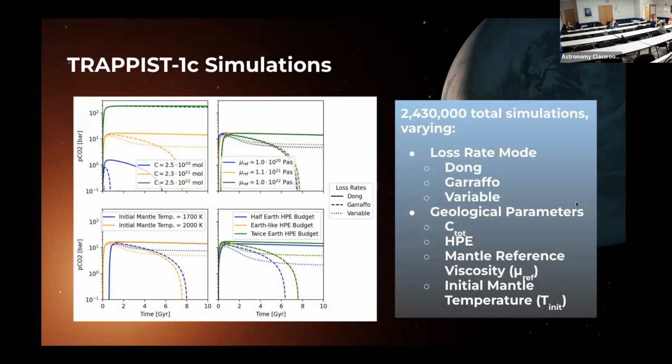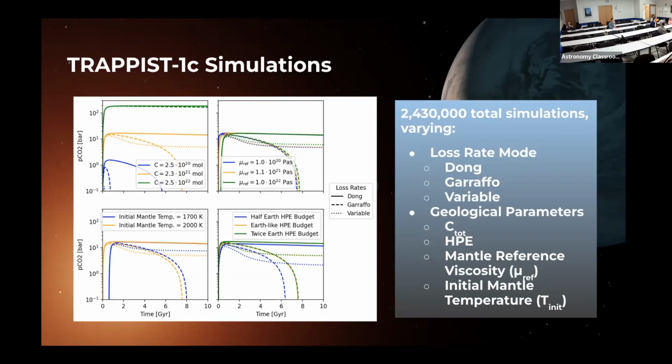I did my own simulations of this specific planet, almost over 2 million simulations, varying both this loss rate and 4 different geological parameters: 2 which I already talked about, and 2 more, mantle reference viscosity and initial mantle temperature, that are also important. They don't affect the results as much, but they're still unconstrained, so it's important to include those.